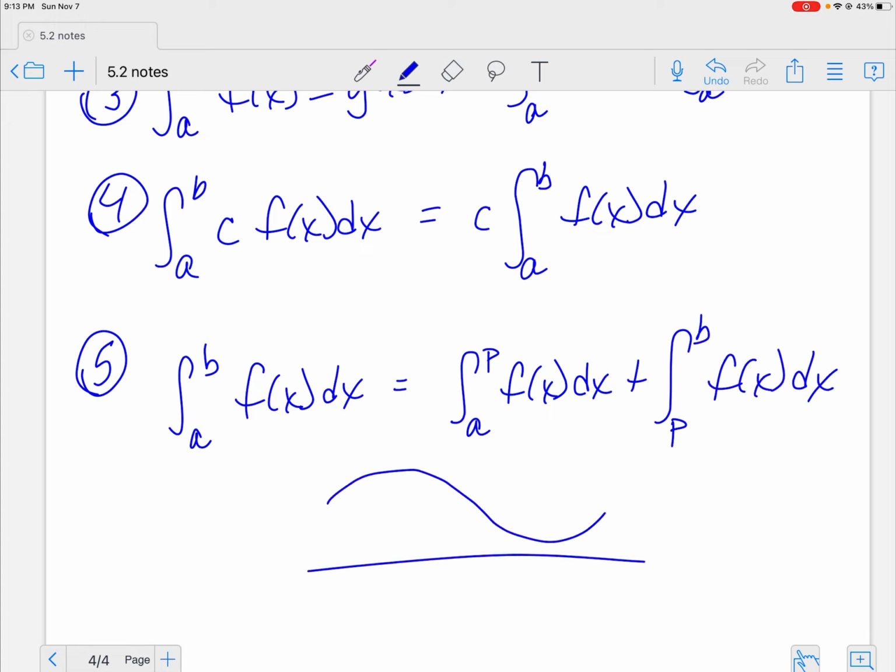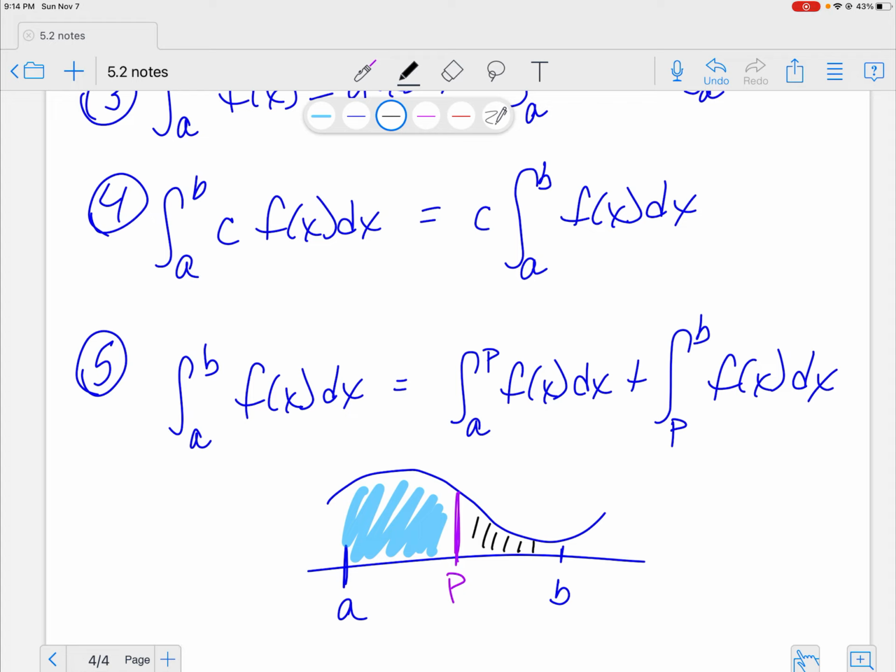I'm just saying I want to find this area under the curve, whatever it is. I'm going here from a to b, and then there's some value in here of p. So I can split this up and have this area over here plus this area. That's all that's saying. What is a definite integral? The area under the curve. So I can split up and just add those two areas together. Right? Okay. Nice.